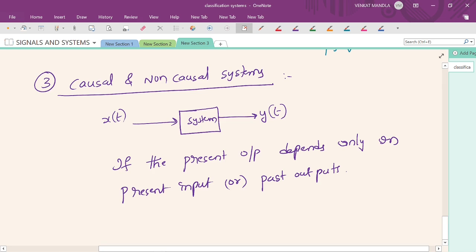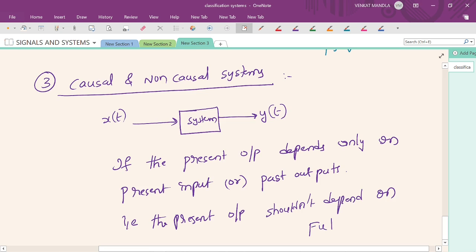So if the present output depends only on the present input or past outputs, then the system is said to be causal. That is, the present output should not depend on future inputs.